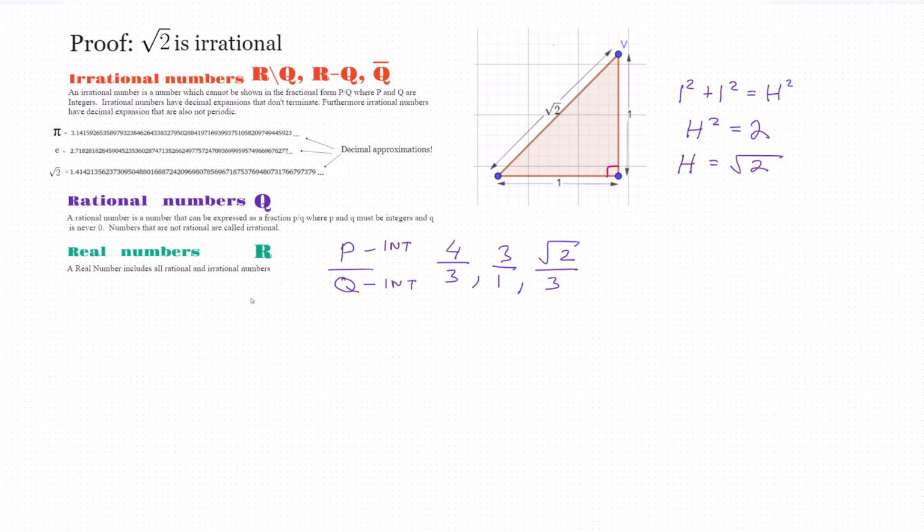Now let's show that root 2 is irrational. For this, we're going to use a method of proof called proof by contradiction. Now, I highly recommend that you review proofs. This is not a course on proof by contradiction. This is showing why root 2 is irrational. So we're going to use proof by contradiction.